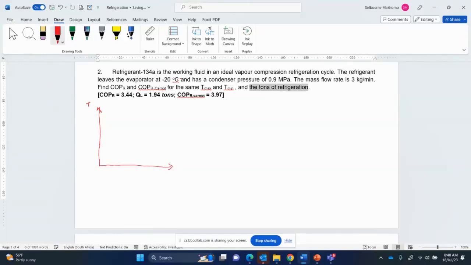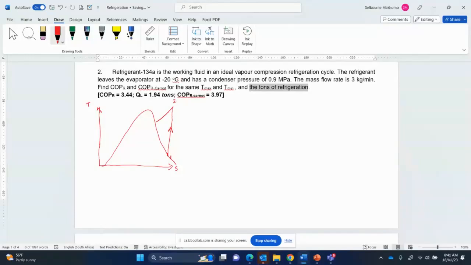So it's temperature against entropy. And then this is your compressor, it's point number 1 here. So between 1 and 2 is the compressor. The arrow shows the direction of flow.